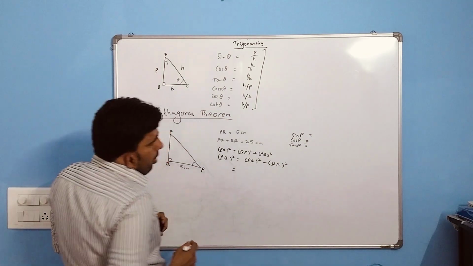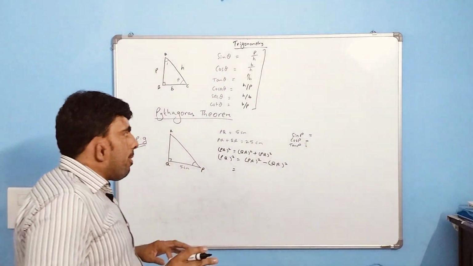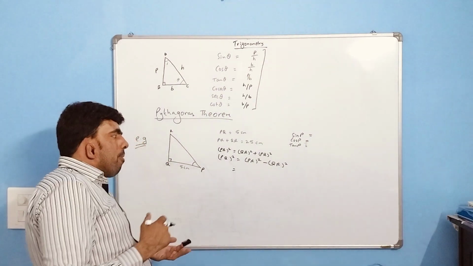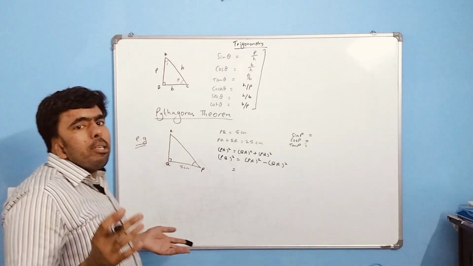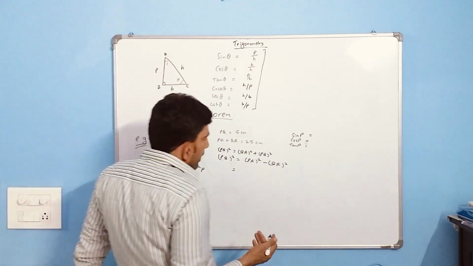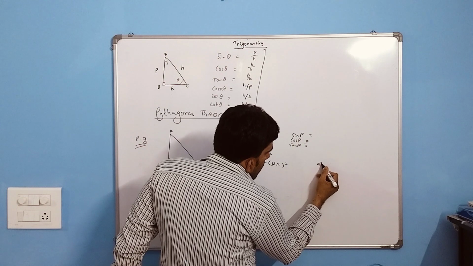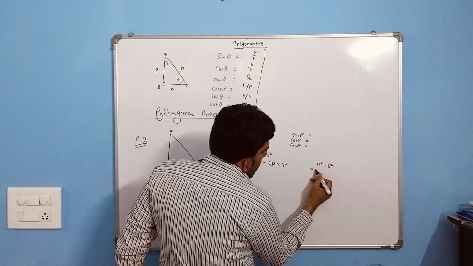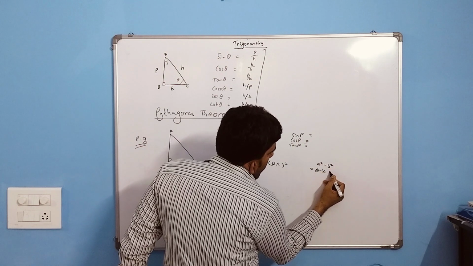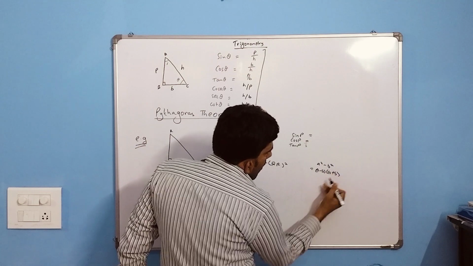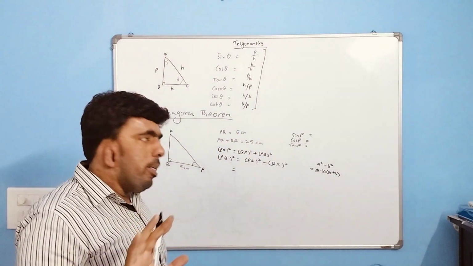Now we know the identity which we studied in 8th class and also in earlier classes, that a squared minus b squared is equal to a minus b into a plus b. Very simple, no need to worry.